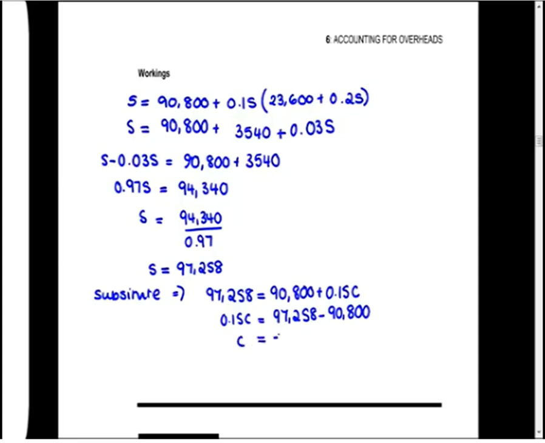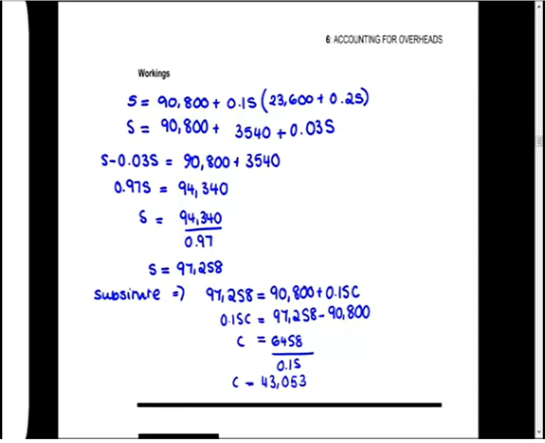So C is equal to 6,458 divided by 0.15. So C is equal to 43,053 to the nearest dollar.